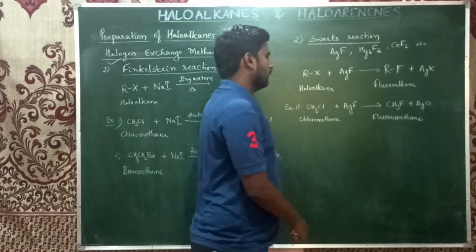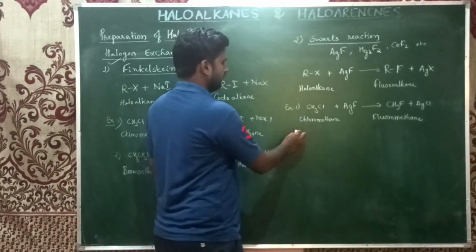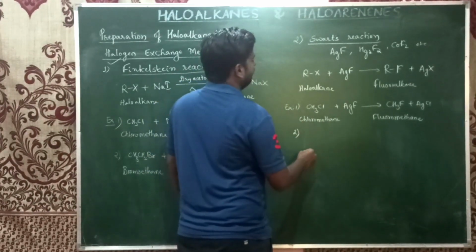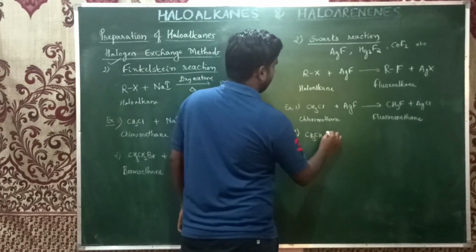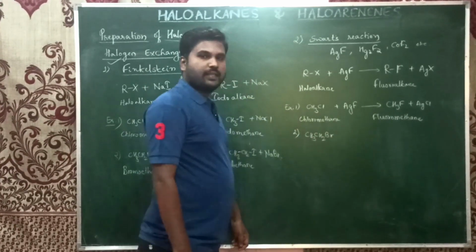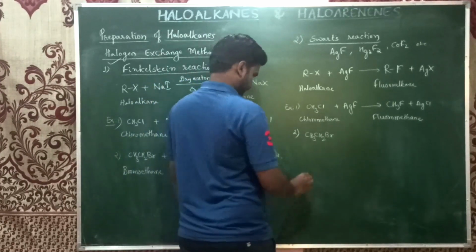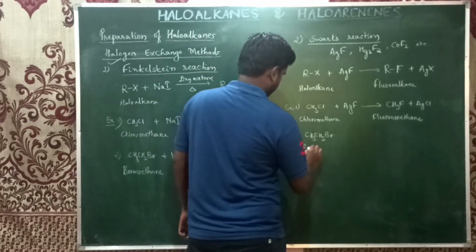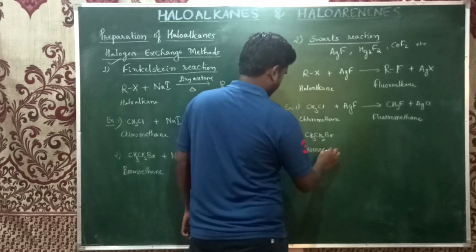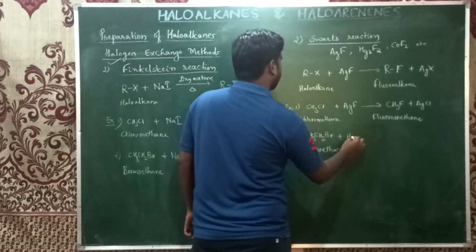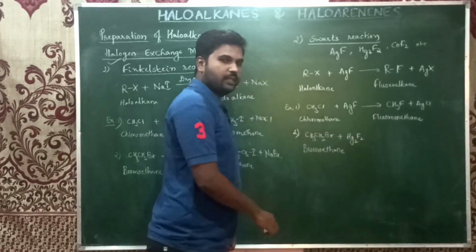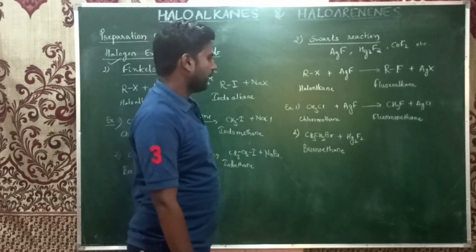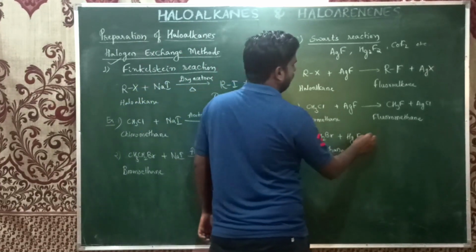Okay. If you see another example, the second example, CH3CH2Br, ethyl bromide or bromoethane, is going to react with mercurous fluoride. Okay, it is mercurous fluoride, Hg2F2.